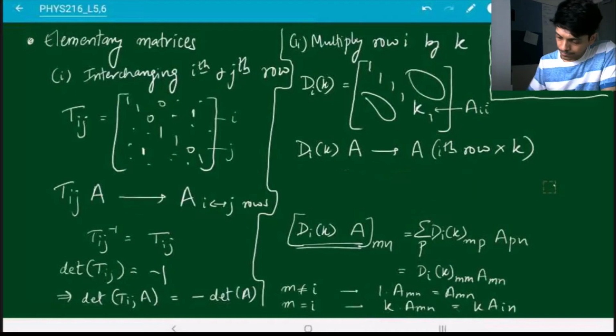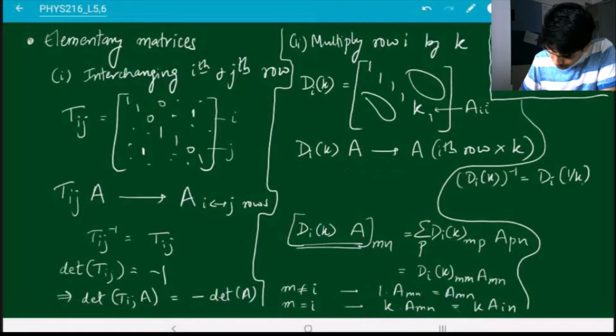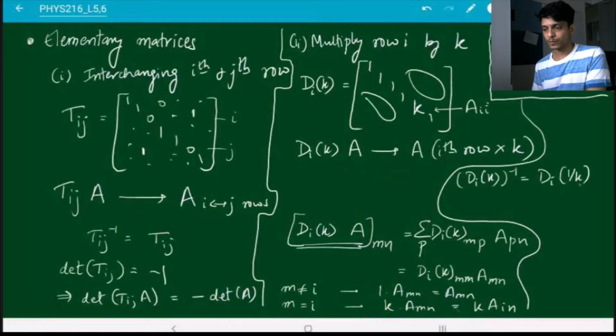And let us look at some properties of this matrix. Sorry for this ugly board work. What is the inverse of D_i(k)? It's straightforward to see. It is just D_i of 1 over k. Of course, this is provided k is not 0, but that's okay. I don't think there's ever a reason to multiply an entire row by 0. That's just losing information. So k is never 0 for all practical purposes, and this is the inverse of this matrix.